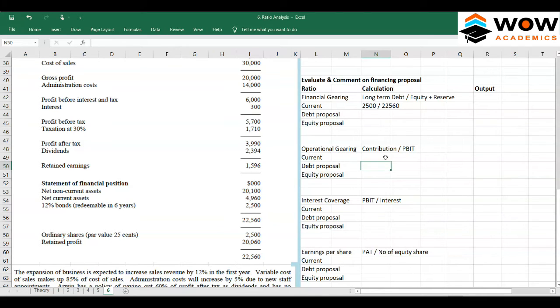See, new debt is 5 million. Let's see the old debt. Old debt is 2,500, right? Plus the new one. So new one is 5 million, divided by, in thousands we are working. So this would be our new debt.